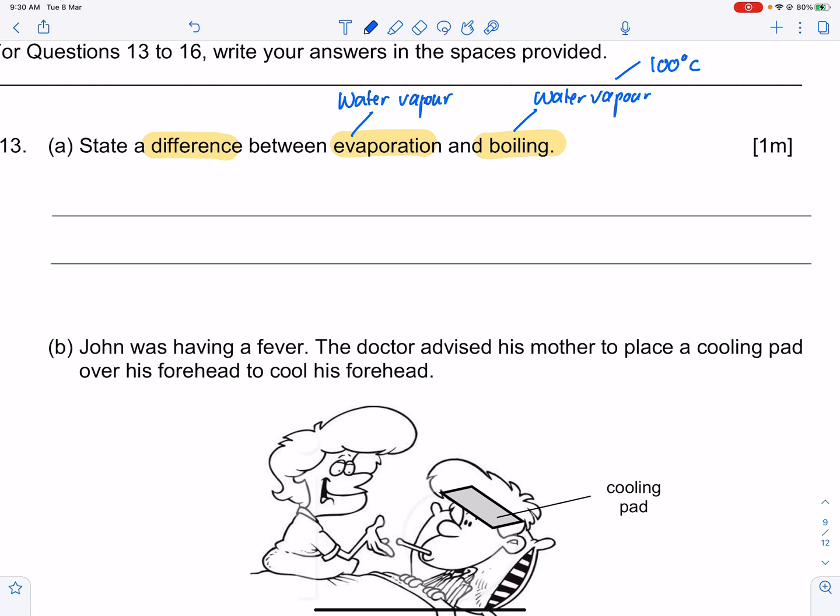Alright? Now, on top of that, your evaporation and boiling, what can you say? That is very, very obvious. Now, the first thing is that your evaporation takes place at any temperature below boiling point. So I'm going to pen that down for you.